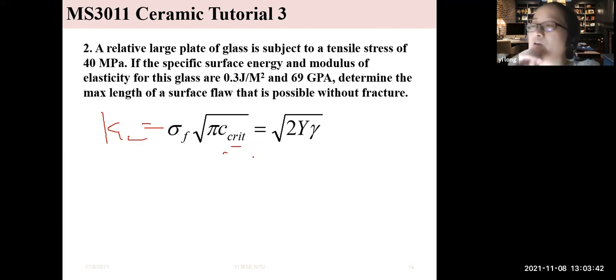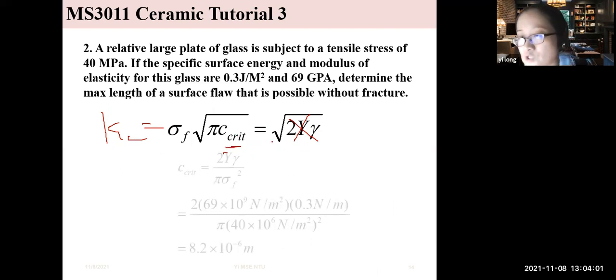So now I'm asking you, if it's an R curve, do you think this equation is still okay? No, because it is going to increase with the crack size. Okay, so let's continue. Simply use this equation. It's very simple.